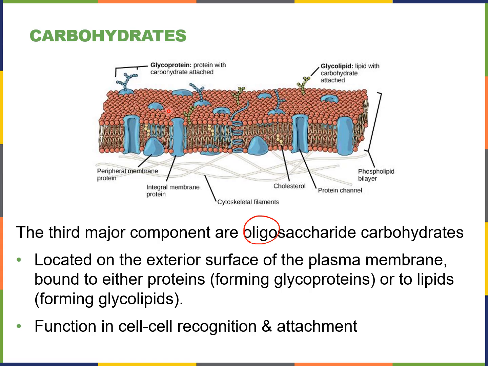I'm sure that you all have heard of blood types A, B, AB, or O. It's actually the type of glycoprotein found on the surface of the red blood cells that determines what blood type you are.